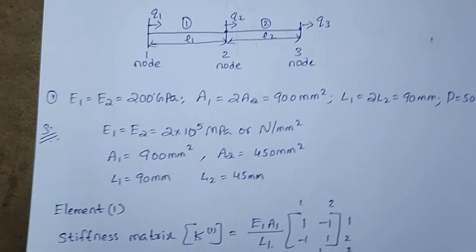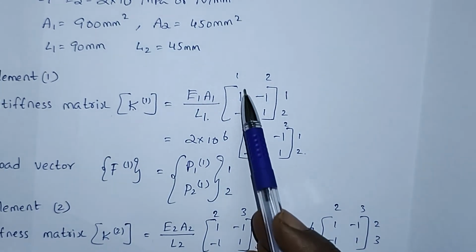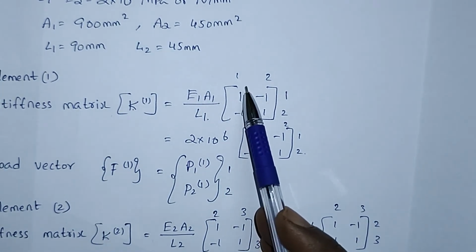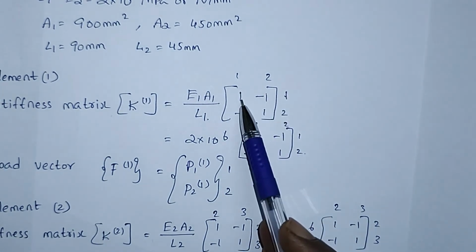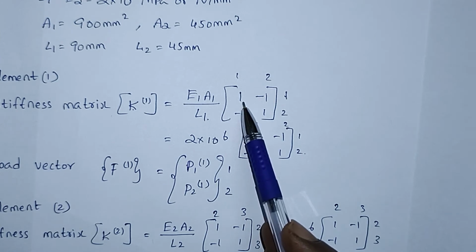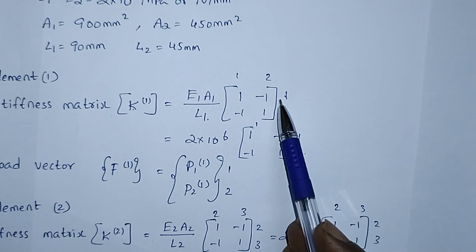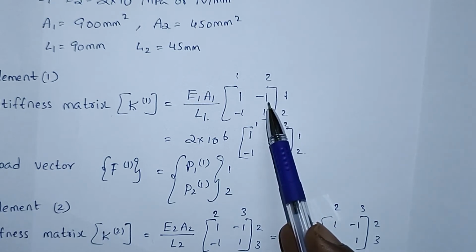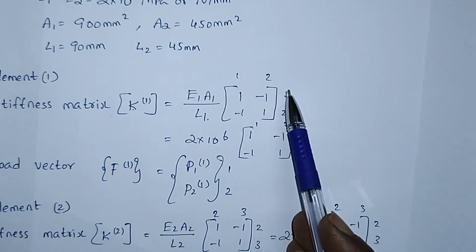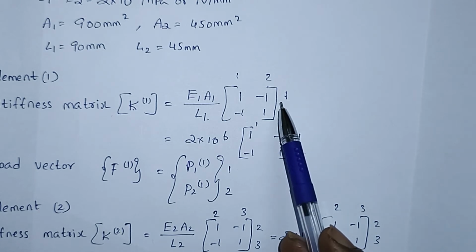We'll go back to here. See here, for entry 1 1 we are having 1, and 2 1 we are having -1, and 3 1 we don't have, so we kept 0.